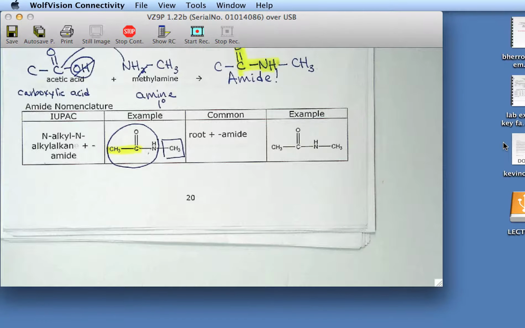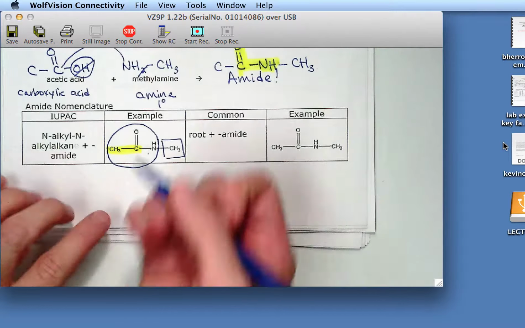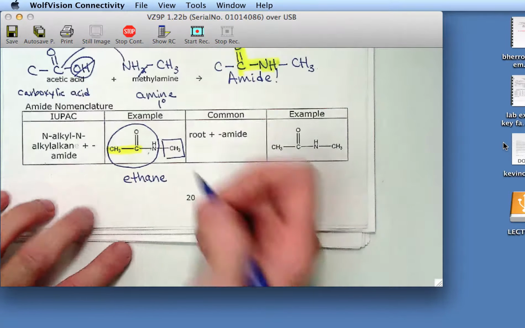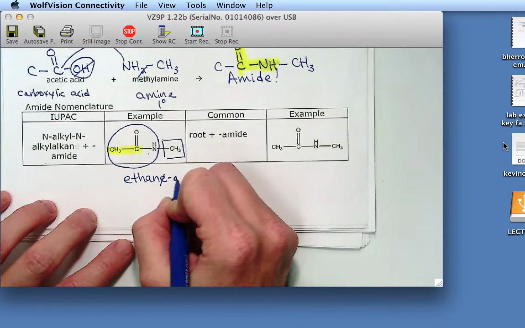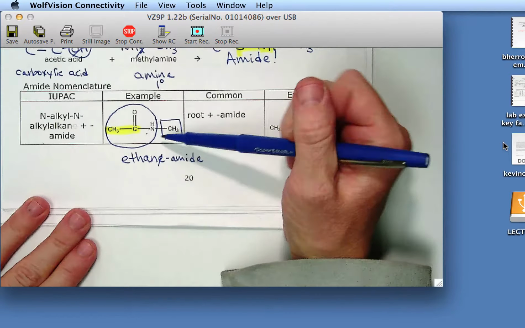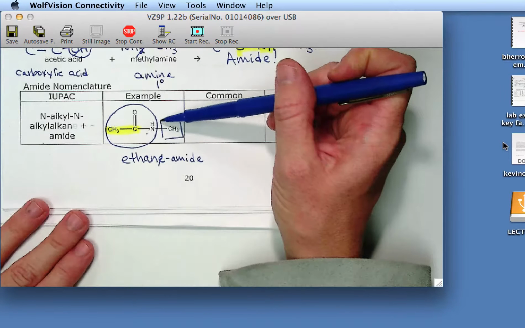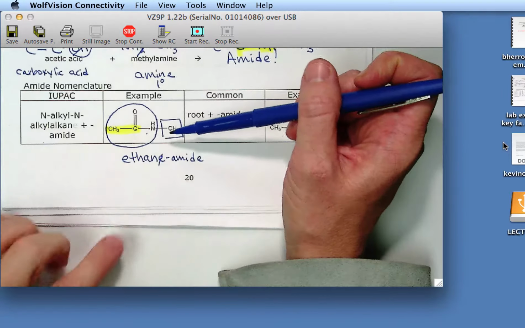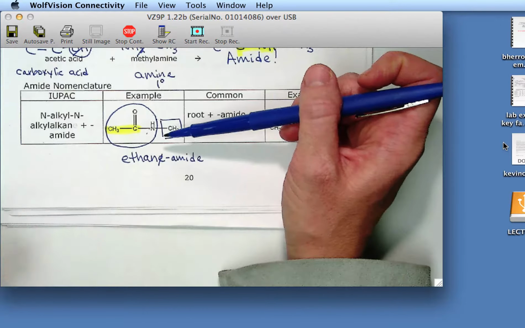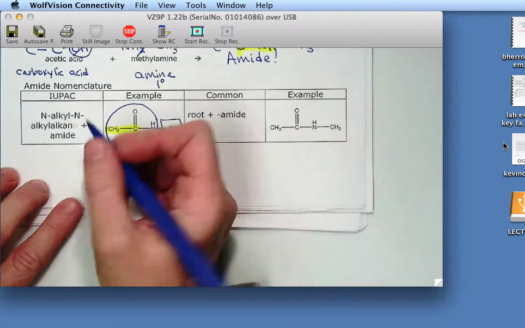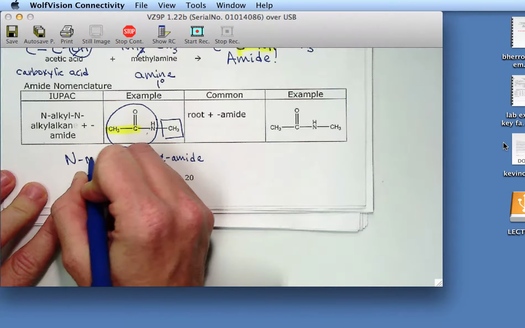So what parent name would that be? Yeah, ethane. Good. Take off the E, add the amide. Now, we need to address this squared group. It's attached to the nitrogen. So you're going to put in N, and what's the alkyl group? Methyl. Good. So N-methyl.